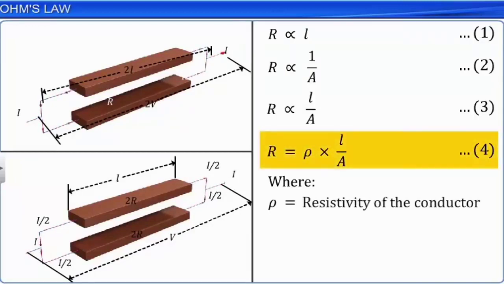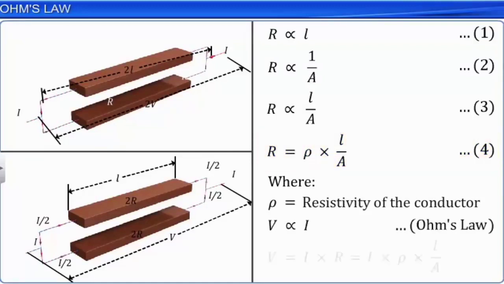Substituting equation 4 in Ohm's law, we get V is equal to I into rho into L by A. Let this be equation 5.